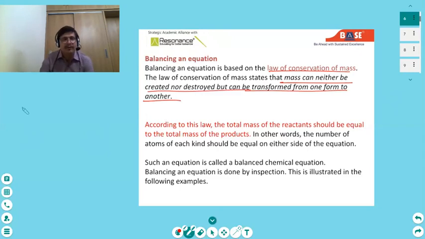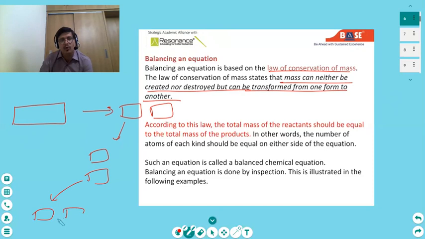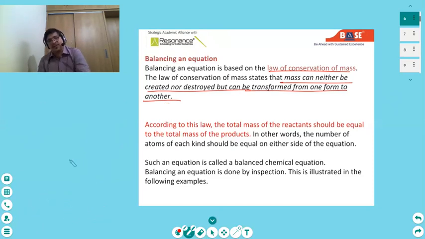For example, if I have 1 kg of brick here, I can break it into 500 grams. That can be further broken down into 250 grams. That can be further broken down into 125 grams each. But at the end, when you add everything, the total remains the same. This is the law of conservation of mass.